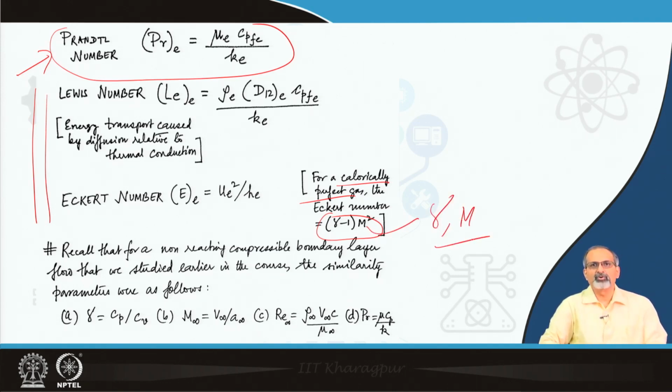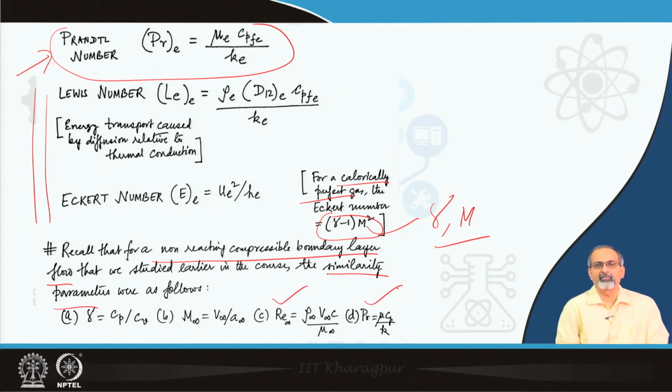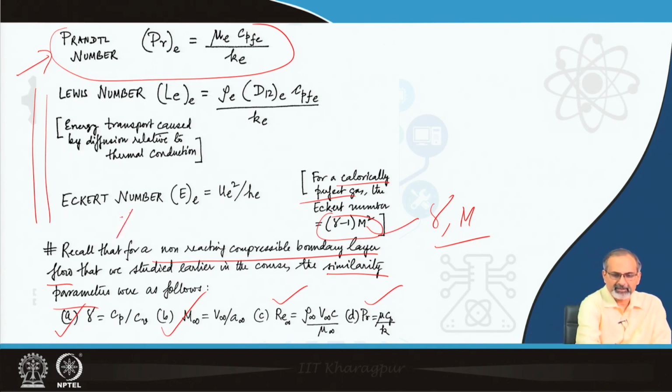However, the interesting point to note over here is that gamma and M did not come out to be one of those similarity parameters like they did in the compressible non-reacting boundary layer case. So, non-reacting compressible boundary layer flow had these following similarity parameters, as we took note already that Reynolds number and Prandtl number are the common factors, while gamma and M infinity were found in the non-reacting boundary layer, while they have not surfaced explicitly here, but through the Eckert number.